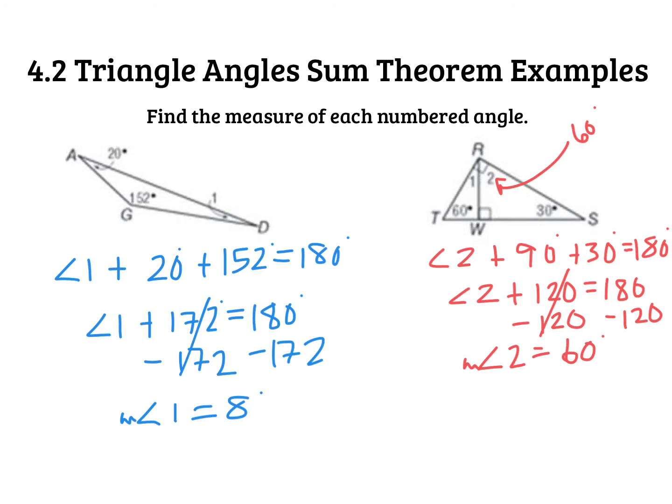Let's do that in green. Now for this triangle, you can use the measure of angle T, angle 1, plus this angle here to set it equal to 180. Or you can use the fact that angle R is composed of two things.